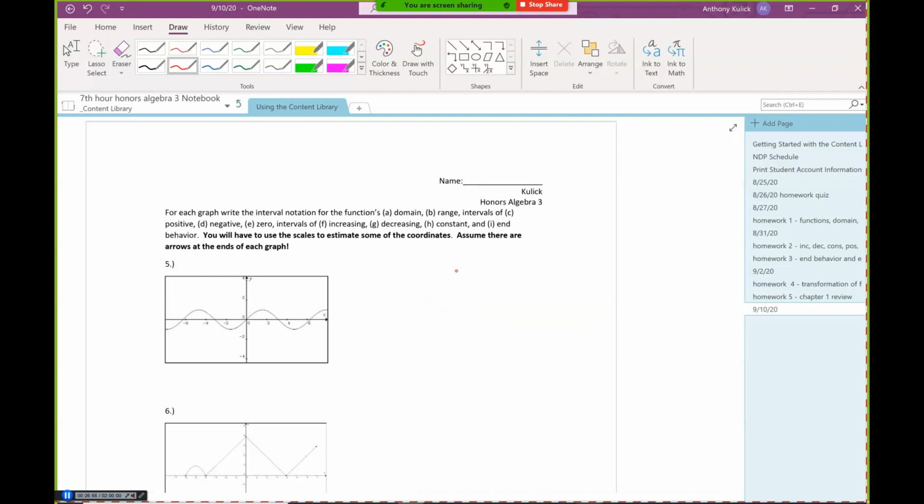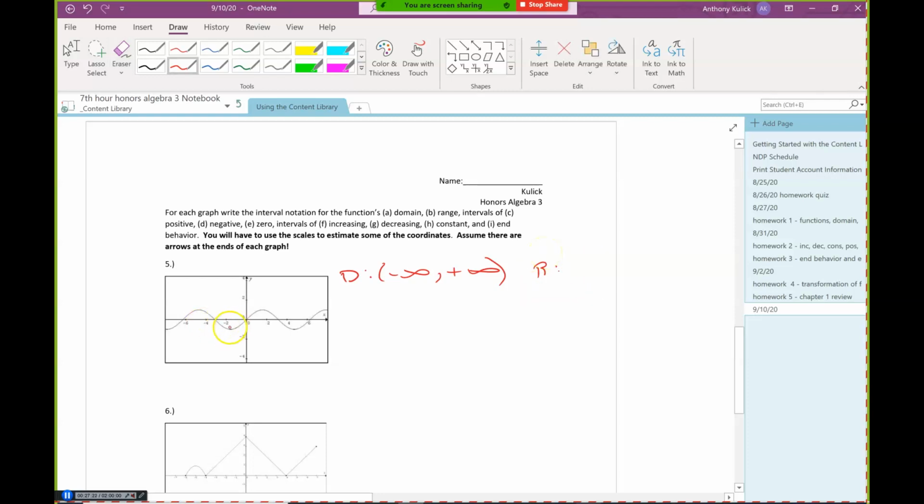So the domain. It's continuing to go forever to the right. Yes, and forever to the left. And it's connected in between. So it is negative infinity to positive infinity. The range will not be so.